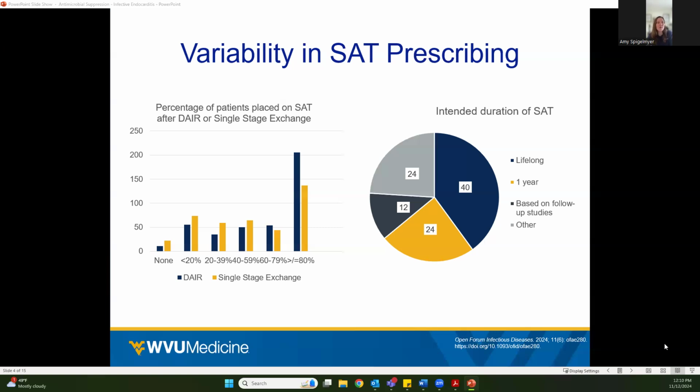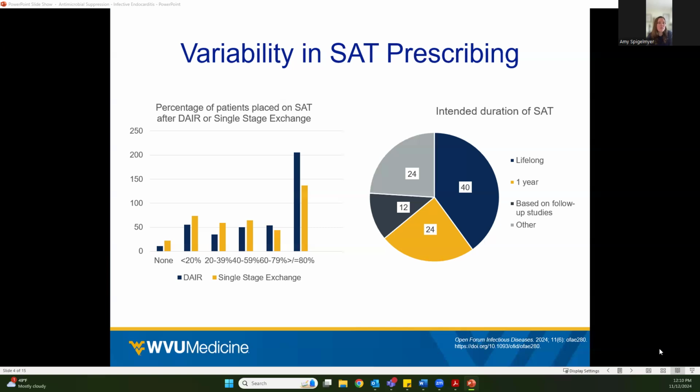So we have quite a bit of variability with providers choosing to prescribe suppressive antimicrobial therapy depending upon the intervention that was chosen. On the right-hand side, the authors of the article looked at the intended duration of suppressive antimicrobial therapy.